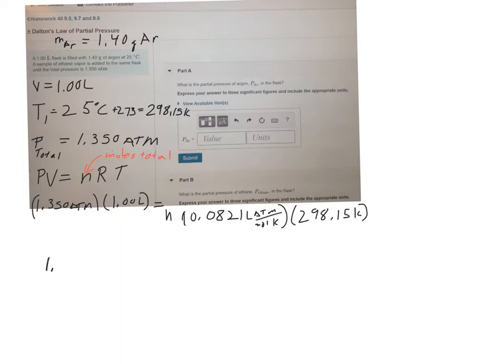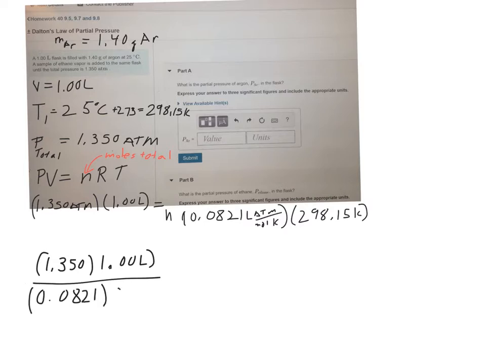So I've got 1.350 times 1, divided by 0.0821 times 298, equals a number of moles of 1.350 divided by 0.0821 times 298, equals 0.05518 moles.